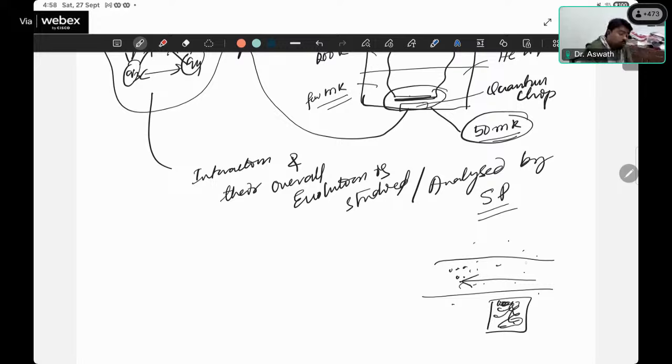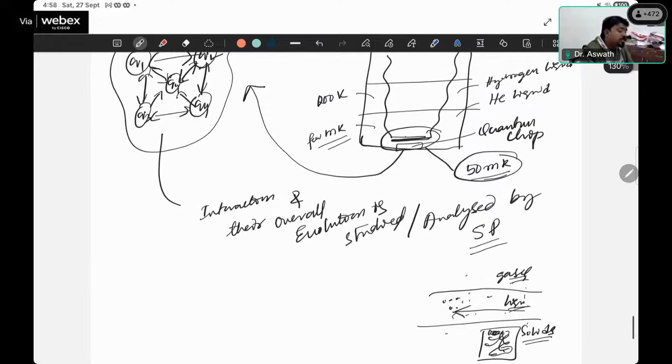So the study of gases, liquids, and solids becomes different zones, and all those zones are studied using solid state physics. In the case of quantum computing or quantum hardware, whichever we are talking about, only chips are involved. Chips represent a collection of a few qubits.